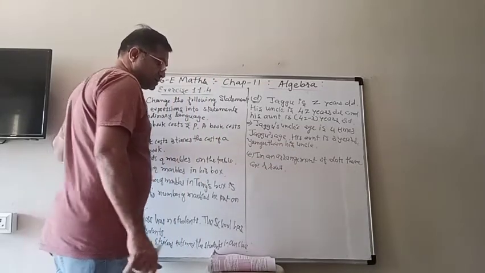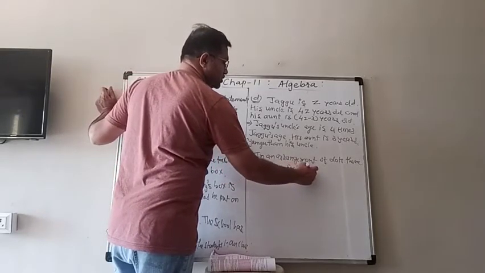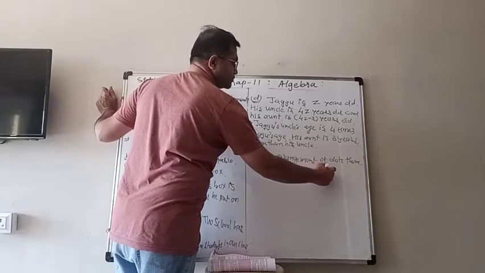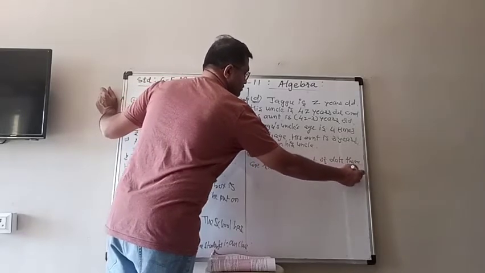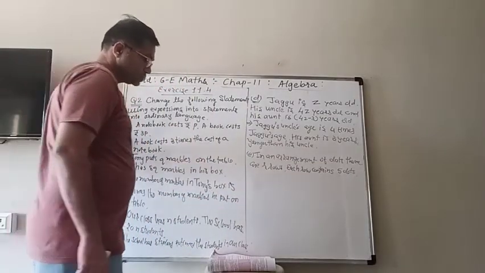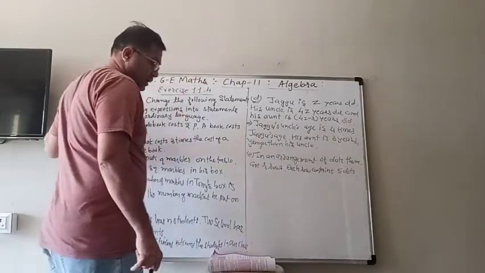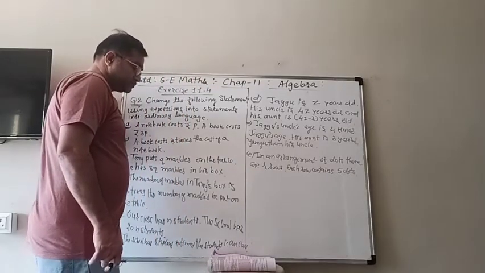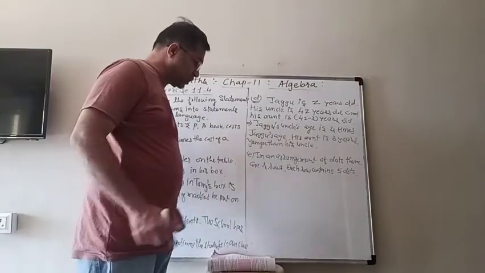Each row contains 5 dots. Actually, here the relation is not given.